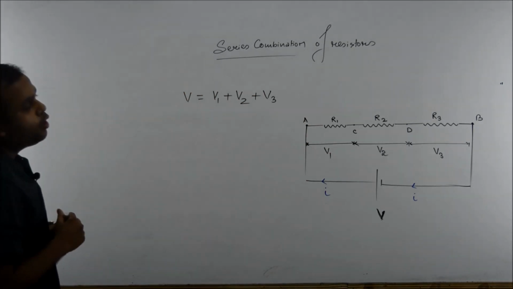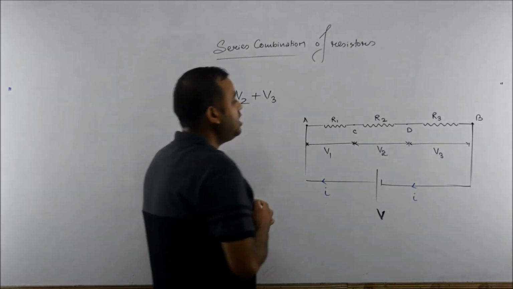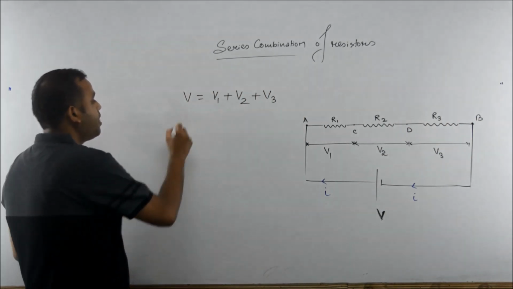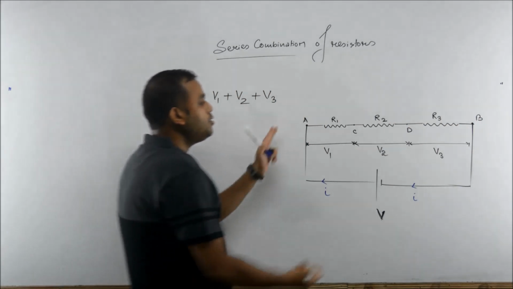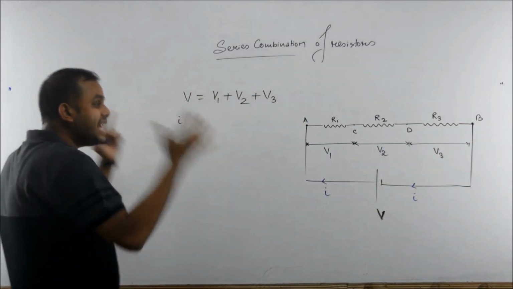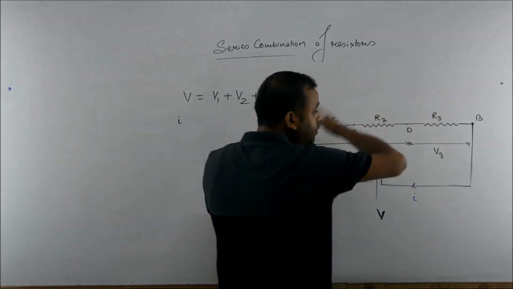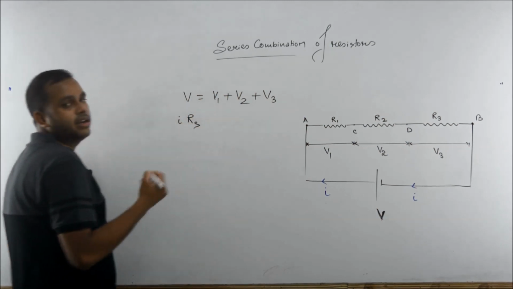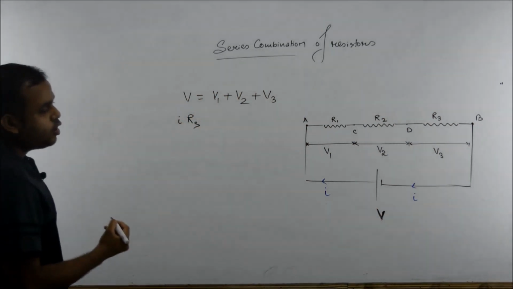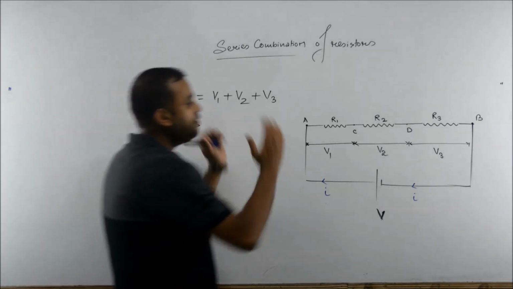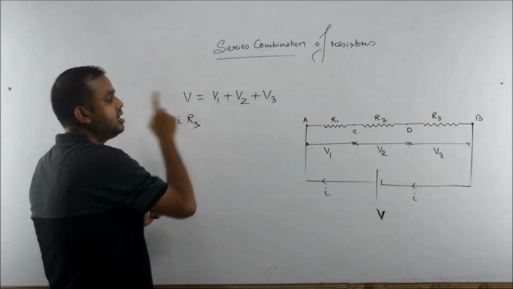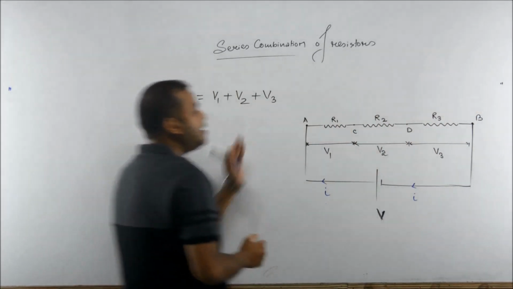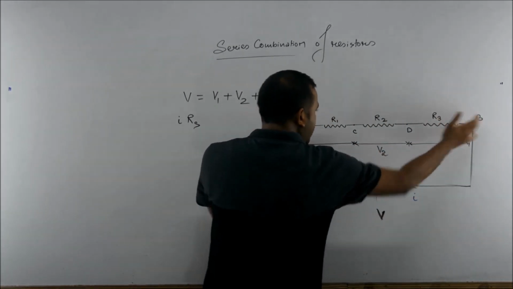Now please concentrate. Now we are going to apply Ohm's law. What is V? It is the potential difference between A and B. Clear? So it is equal to I, the current flowing between A and B, times the equivalent resistance between A and B. What is the combined resistance between A and B?